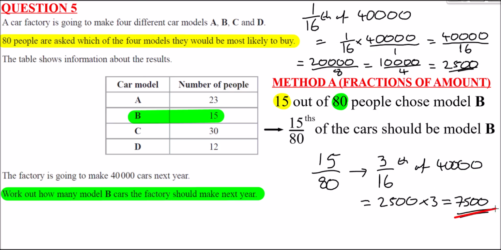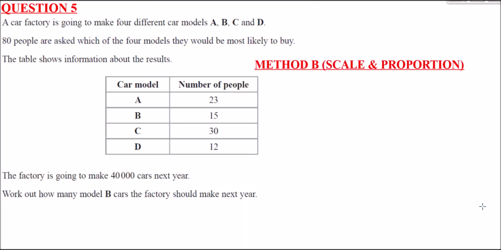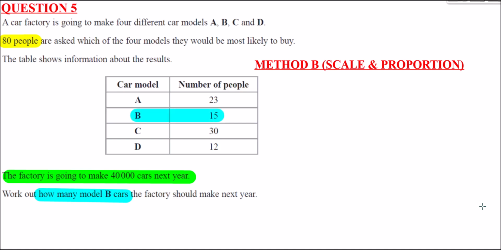So method B is essentially a scaling method. For method B, we're considering scale and proportion. We've got 80 people asked what type of car they'd likely buy. The factory is going to want to make 40,000 cars in total. We're interested in the Model B cars, and out of the 80 people, 15 of them said they'd likely buy a Model B car.